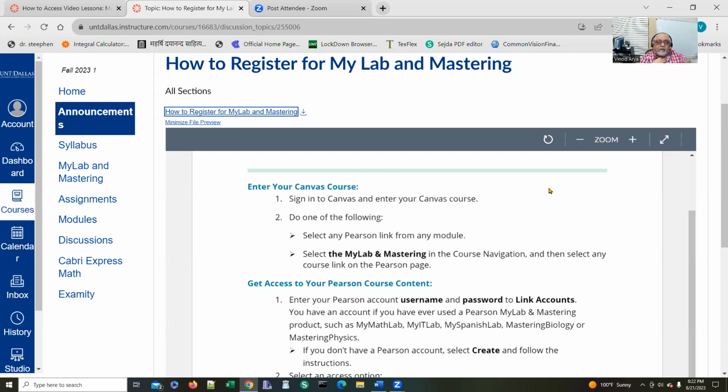Okay. The second option is that you will not have that restriction, but the only thing is that you have to complete all the homework in one session. So that means once you start the session, you have to complete the entire thing. You can go back and forth and all that, but it has to be one session.